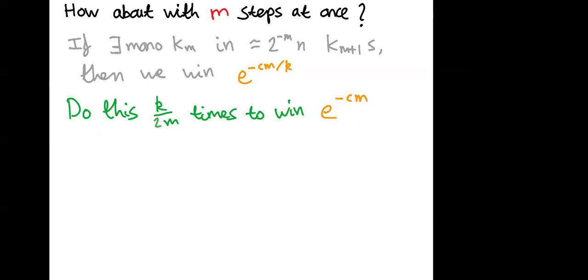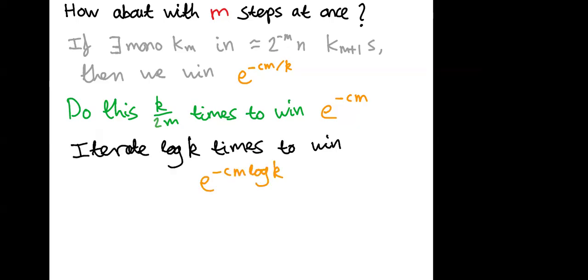And you win e to the minus constant n. In other words, in the time we were winning a constant, you now win e to the minus a constant times your sort of big step size. And if you iterate that log k times, you win in total something like e to the minus a constant m log k.